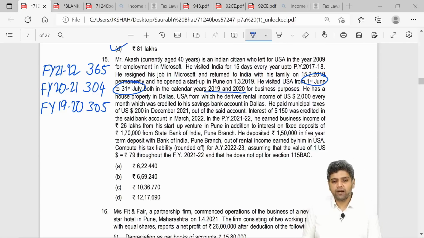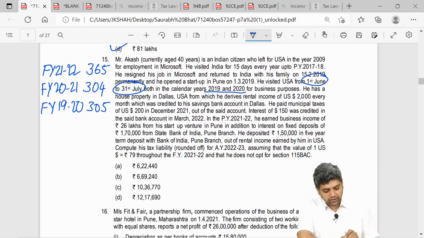However, he would be regarded as resident and ordinary resident if he was a resident in at least 2 out of last 10 previous years and his stay in the last 7 years exceeded 730 days or was 730 or more number of days. So, in the last 7 years, 2 years we know, prior to that, he has visited India every year for 15 days. In the current year, he was in India, rather he returned to India in February 2019.